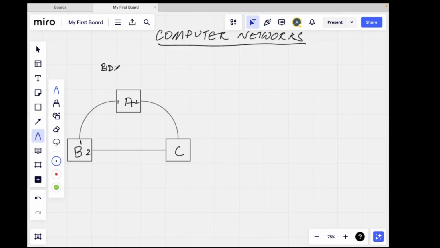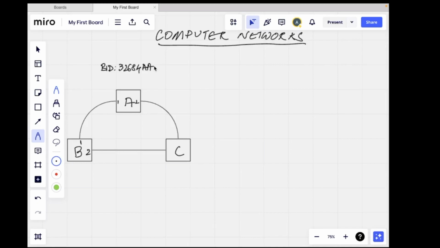Okay. This is nothing but, you can think of it as a priority number along with a MAC address. So let's say the priority number is 32684 and the rest is the MAC address.